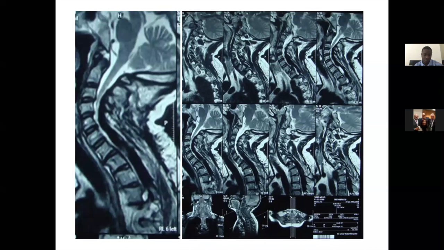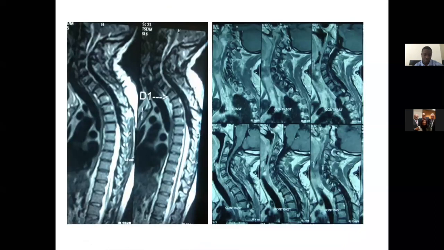You can see here, if you follow my arrow, this thick line of black tissue compressing the spinal cord severely, starting from the C3 level down to T6. It also stays dark on T1 weighted images.